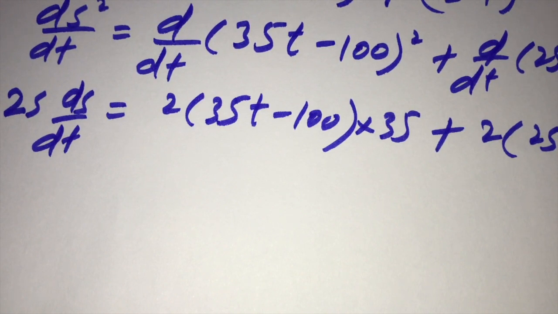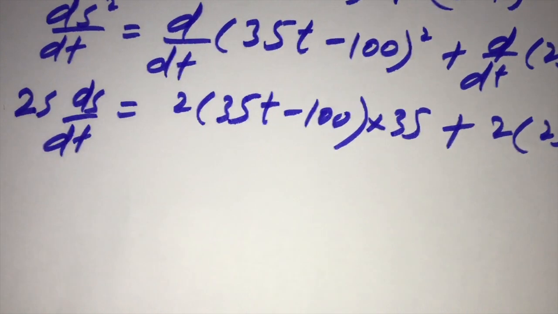As we have seen, at noon the time t is equal to 0, and we have to find the speed at 4 p.m., so at time t is equal to 4.